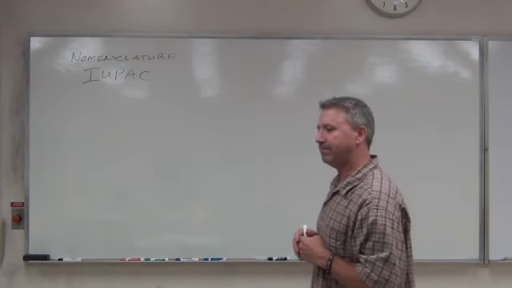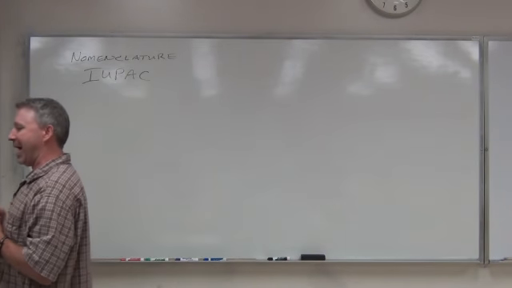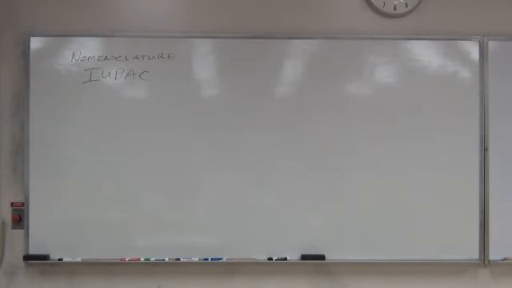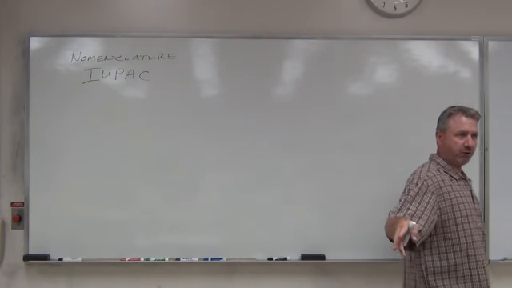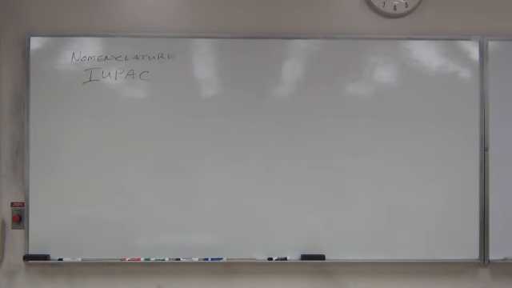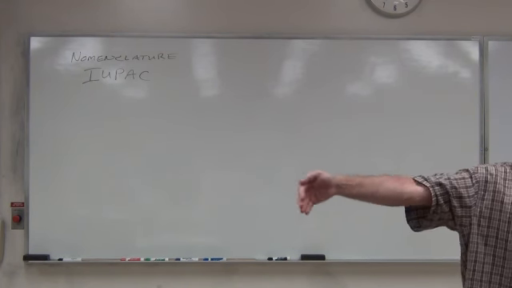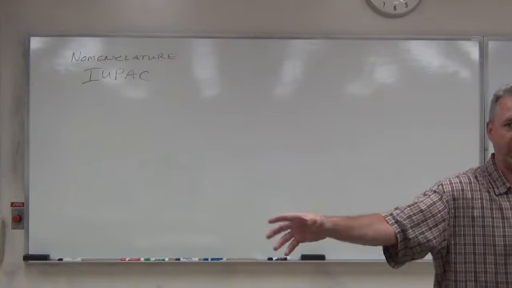IUPAC says that the elemental name is reserved for that element as it exists in nature. Which means when you memorize that first table on the first page of Unit 2, and you memorize magnesium, that name is reserved for magnesium, how it exists in nature. Its natural form.